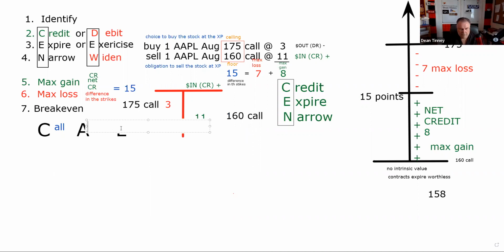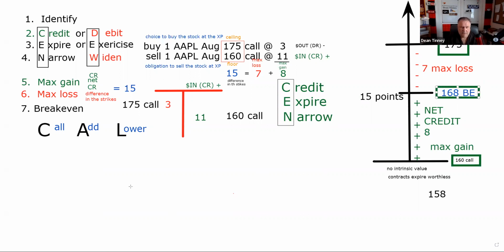So we're going to take our lower strike, which is 160, and we're going to add our 8 points, and we're going to get our break even of 168. Again, there is no visual stuff on the test, but we're playing between here and here, and our break even's got to be somewhere in between those two numbers. That's what's going on there.